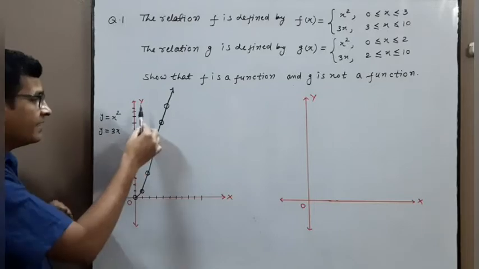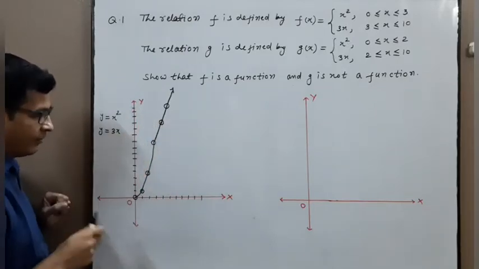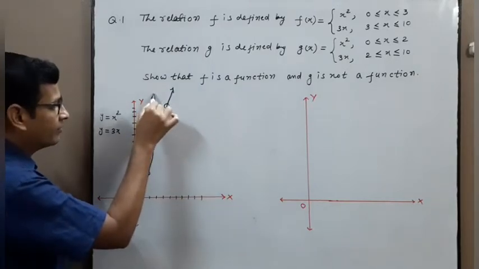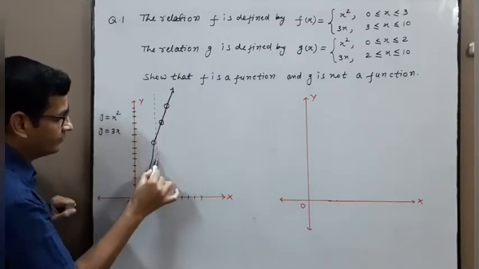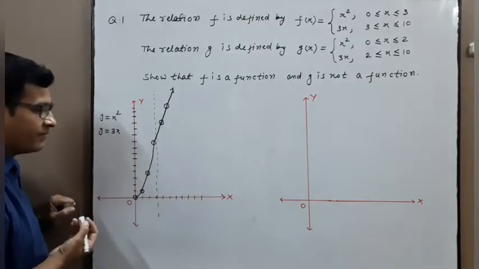If we take any vertical line, it intersects f at only one point. Anywhere you can draw, it intersects the curve at only one point. So f is a function.